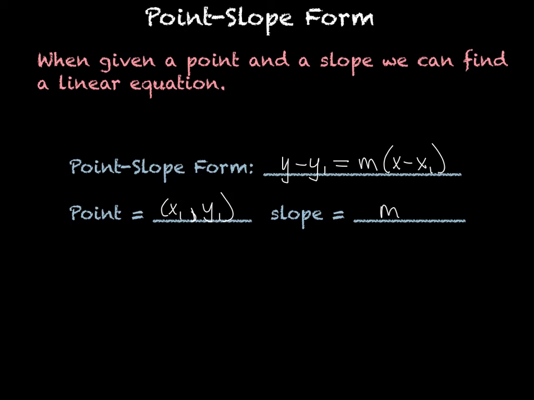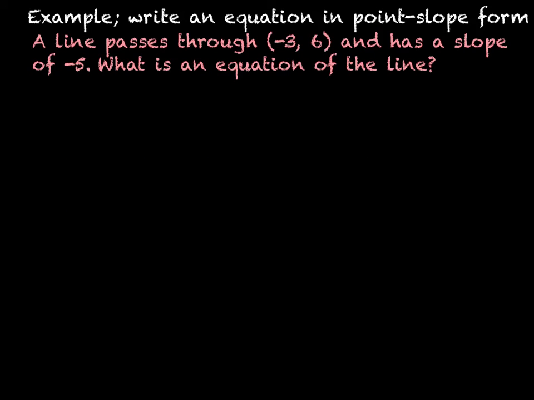So this is going to be the equation that we are going to be starting out with as we progress through this lesson. Okay, so now we're going to do an example where we write an equation in point-slope form. So we have a line that passes through (-3, 6) and a slope of -5. So I'm going to write that as x sub 1. x sub 1 is my first number of the point, the x position, so I'm going to write -3.